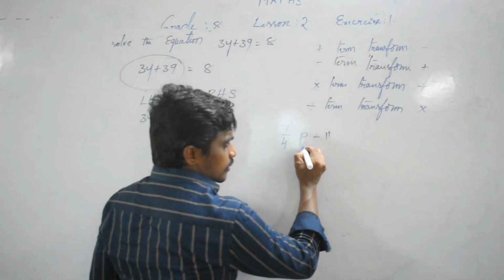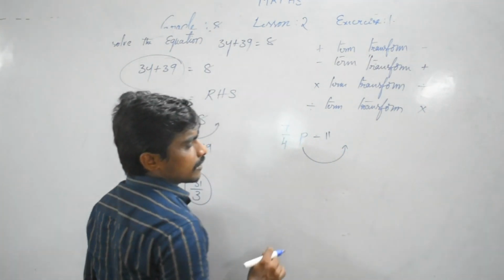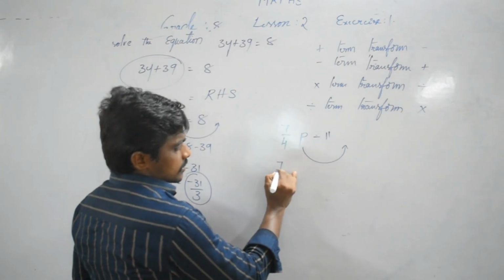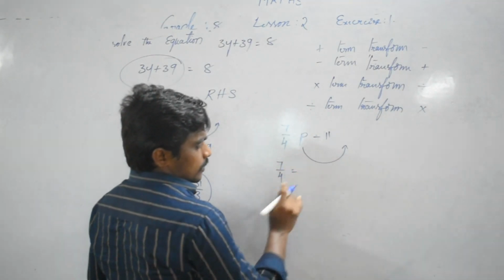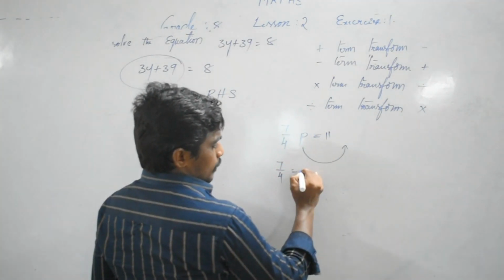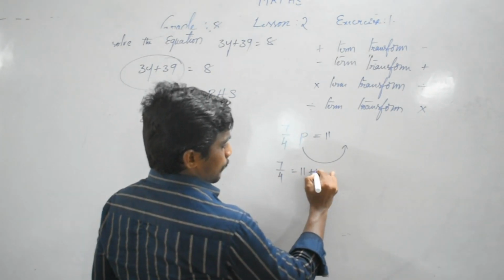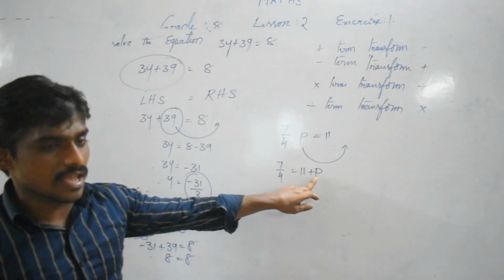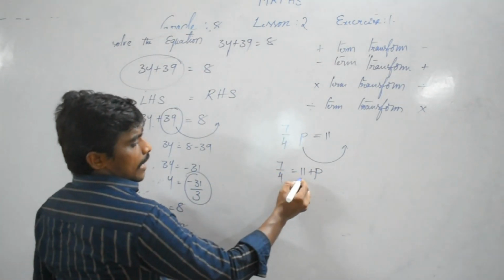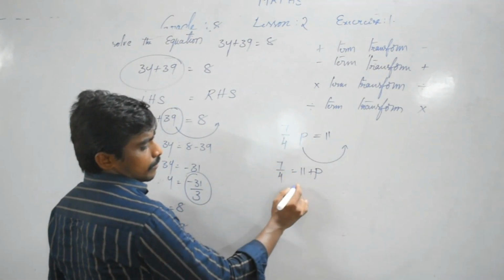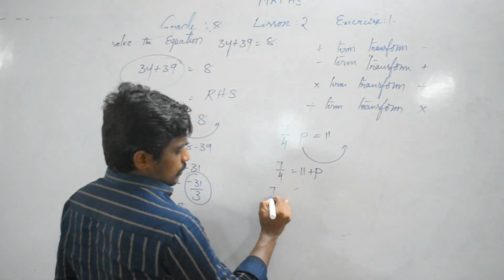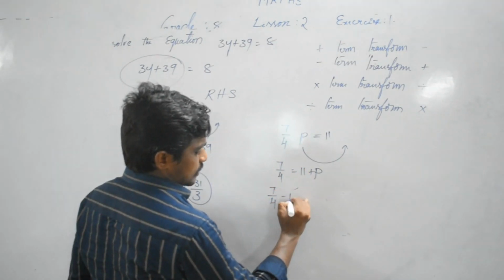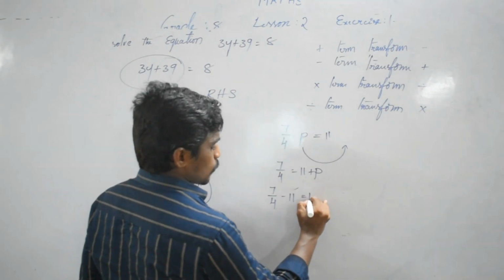So this variable moves to the RHS: 7 by 4 is equal to 11 plus p. So 11 moves to this side, the RHS. So 7 by 4 minus 11 is equal to p.